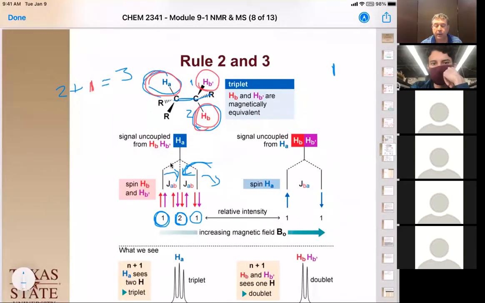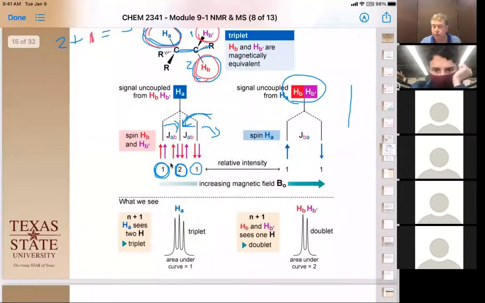And we only have one hydrogen within 3 bonds, 1 + 1, which means we should get a signal of two peaks. Okay, so that B hydrogen peak is going to be split, half of it upfield, half of it downfield, to give us a doublet. But we have a total of two hydrogens here, so when we look at the integration of that peak, we see the area under the curve is 2.